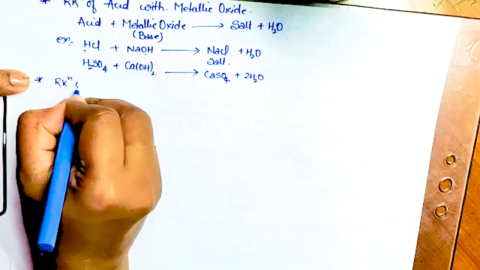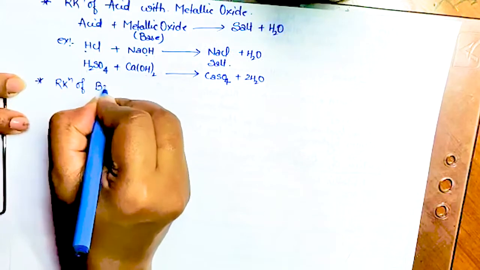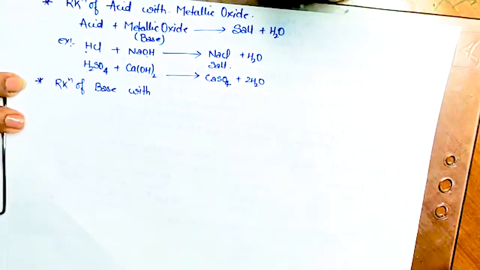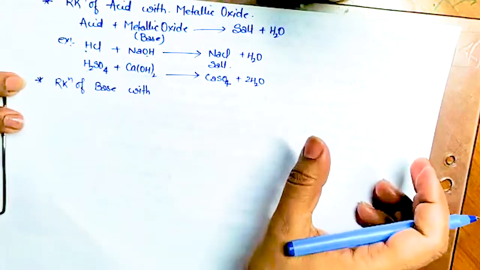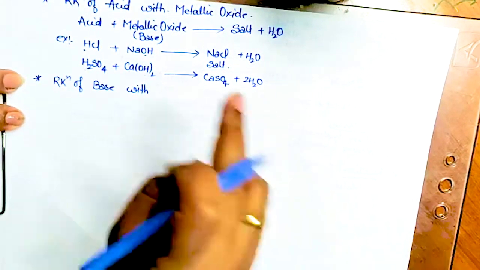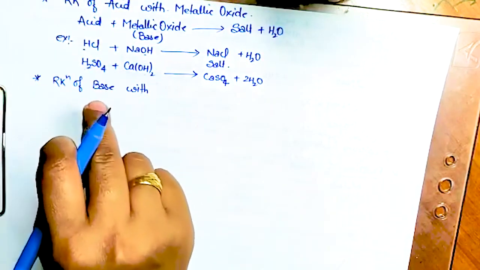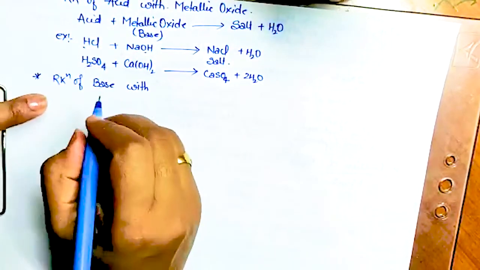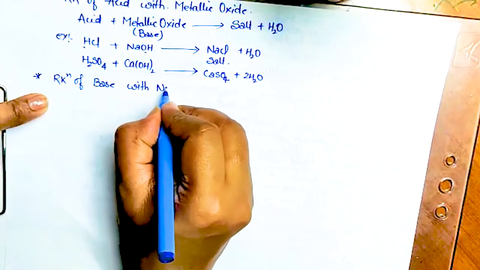Now, reaction of base with what? What should it be? Can it be a metallic oxide? No, because metallic oxides are basic in nature and a base cannot react with another base. So we have to take an acidic oxide here. And which is acidic?